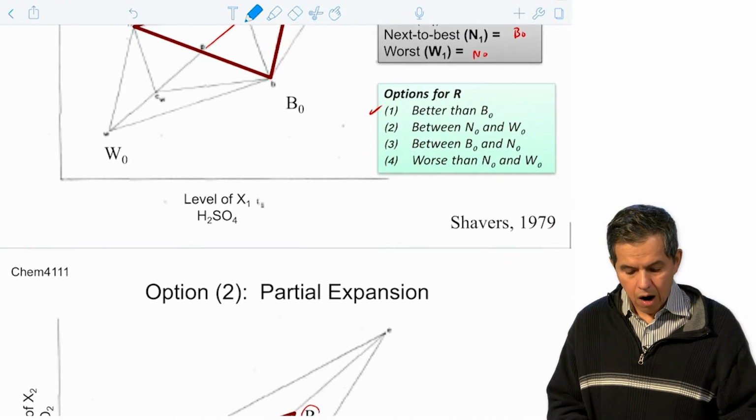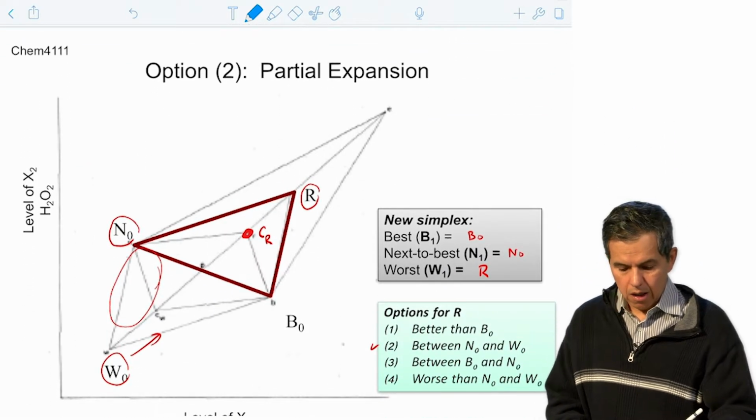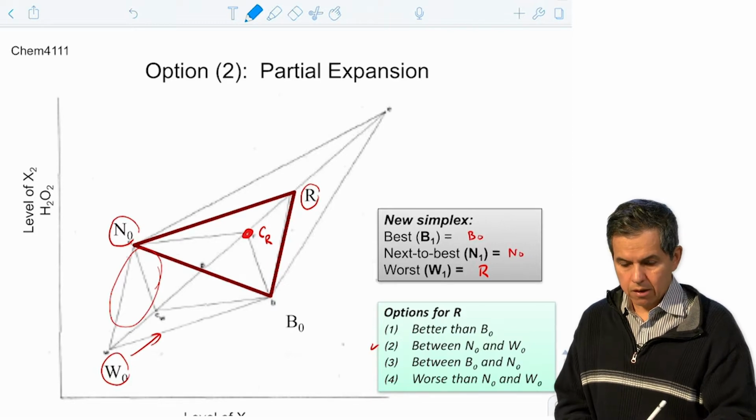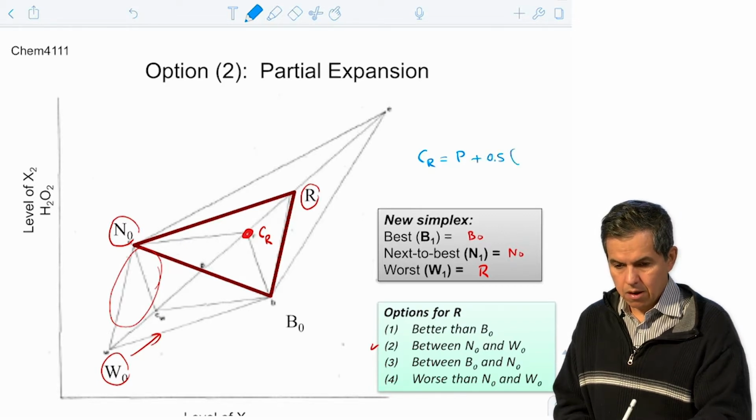Now, if we are going to do a partial expansion, the expression that we will use will be the centroid plus half the distance between P and W.